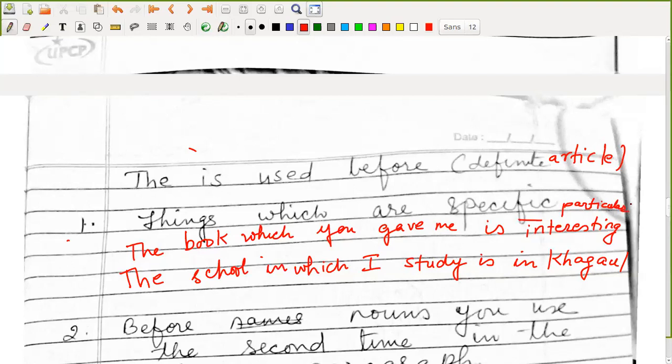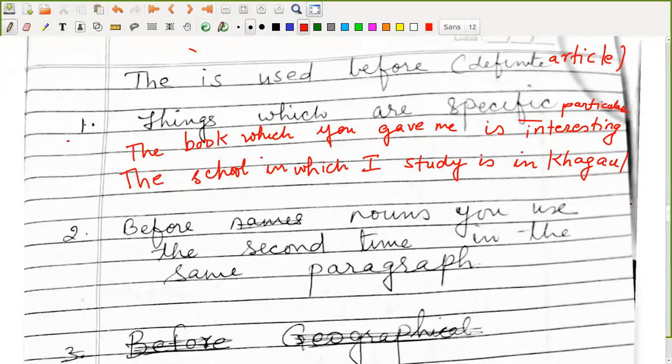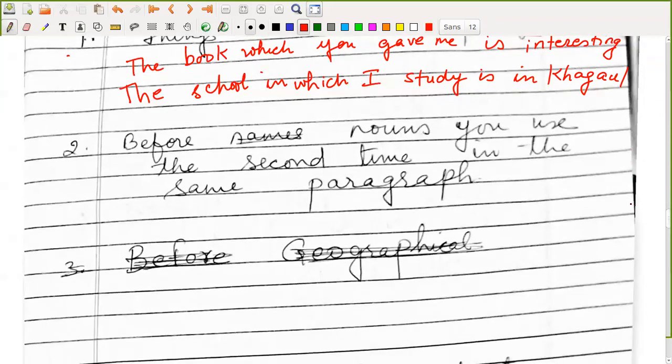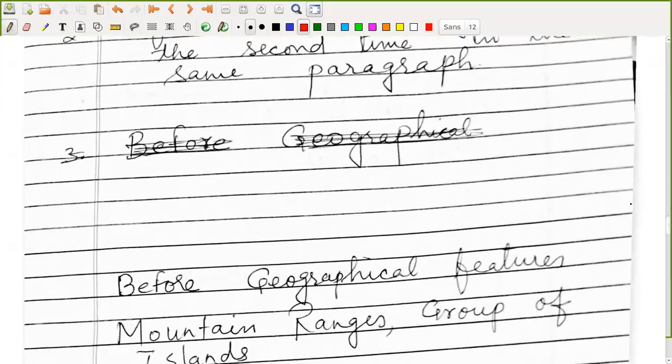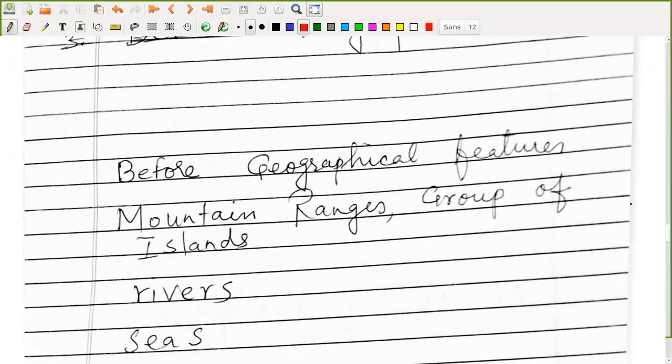Then before nouns you use the second time in a paragraph. Suppose you are writing a paragraph and you are repeating the same word. You are writing about your pet cat.